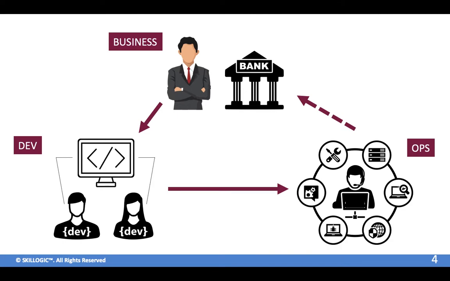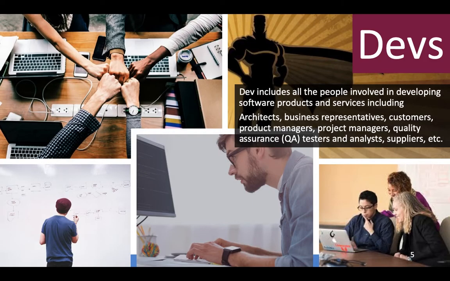This is the standard structure of how you design and how you get new changes into the business, especially major changes. Great, but Dev includes a lot of people, including software developers and architects, business representatives, quality assurance managers, project managers, and suppliers.